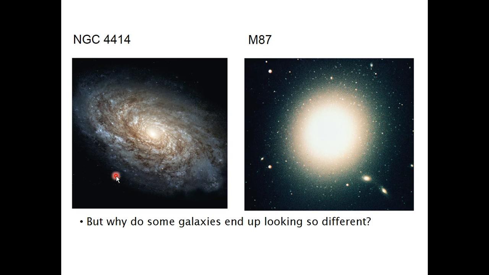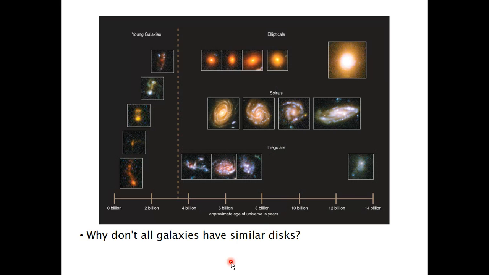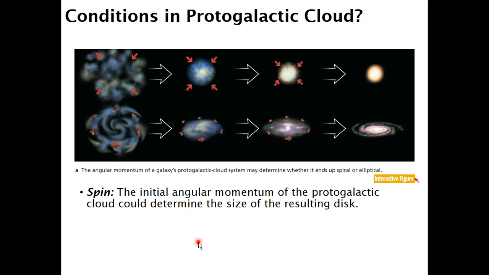So why do some galaxies look like spirals and some not? Why aren't they all the same? Well, in these clouds, one mechanism that would allow this is angular momentum.